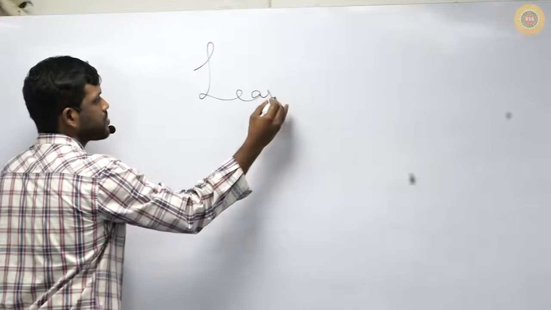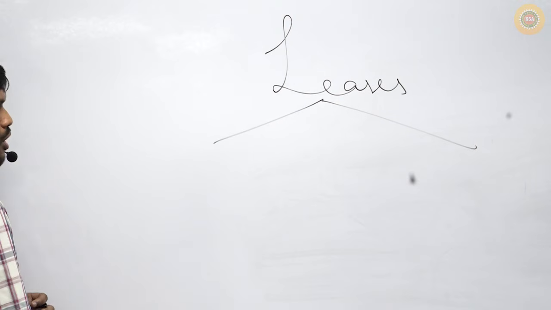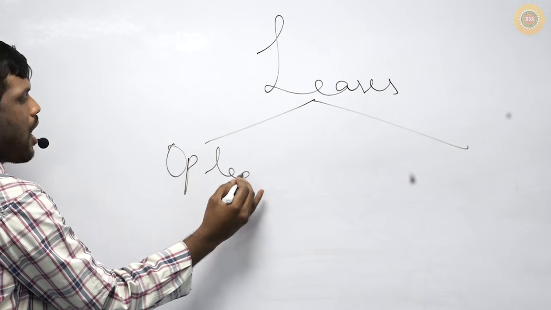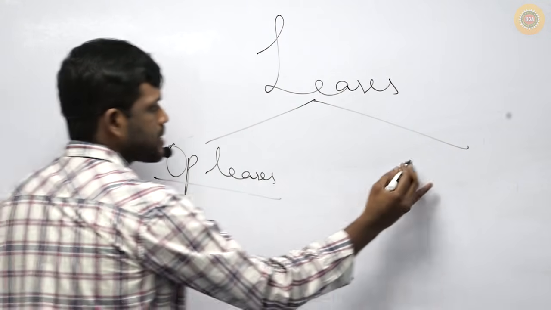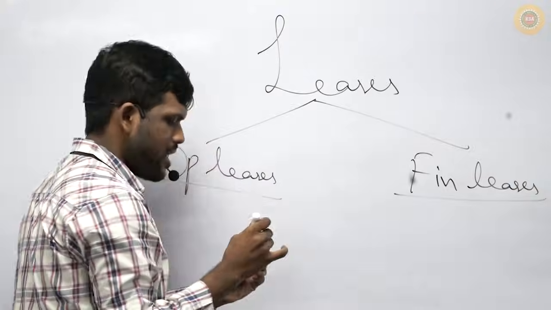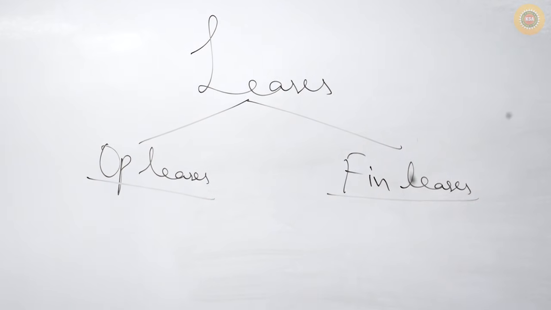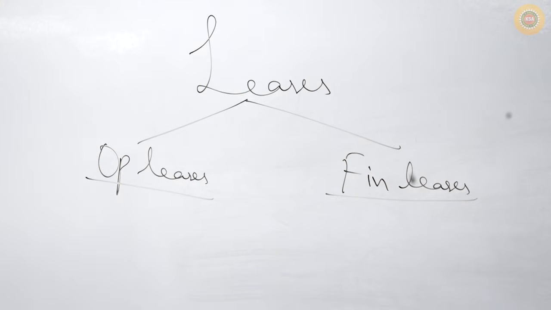AS19 says leases are of two types: operating leases and finance leases. The finance lease word, somewhere we saw in AS10, in the scope of the standard. Anywhere else? Excellent. Borrowing cost definition.